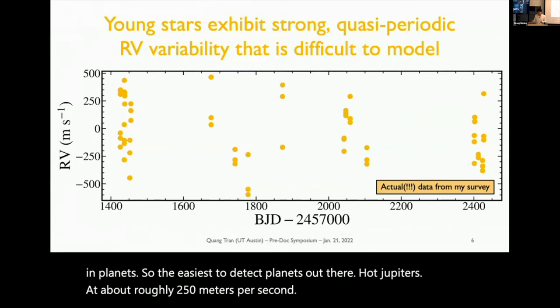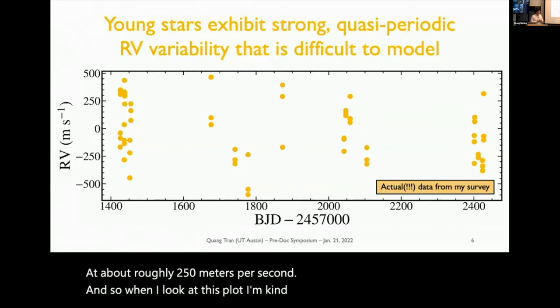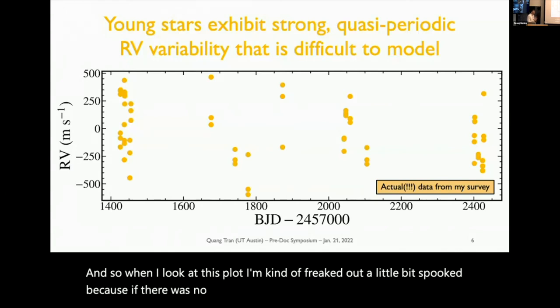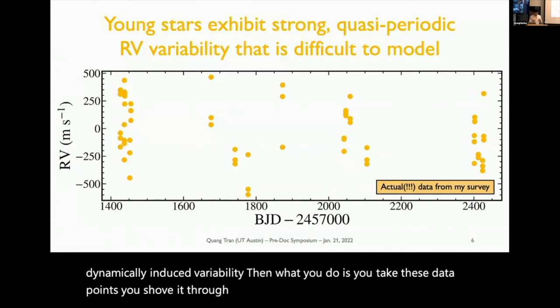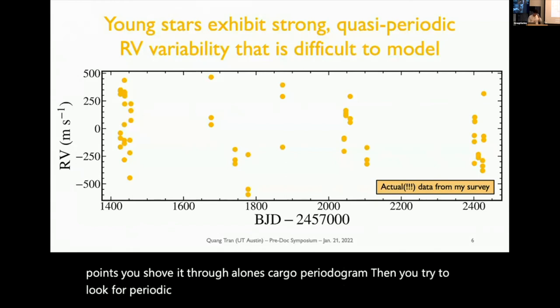When I look at this plot, I'm a little bit spooked, because if there were no activity signatures, if there were no non-dynamically induced variability, then you would take these data points, put them through a Lomb-Scargle periodogram, and look for periodic signatures that hopefully correspond to a planet.